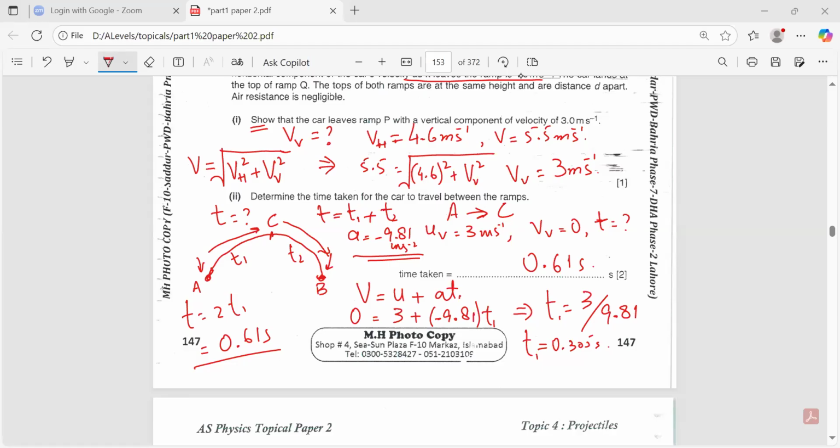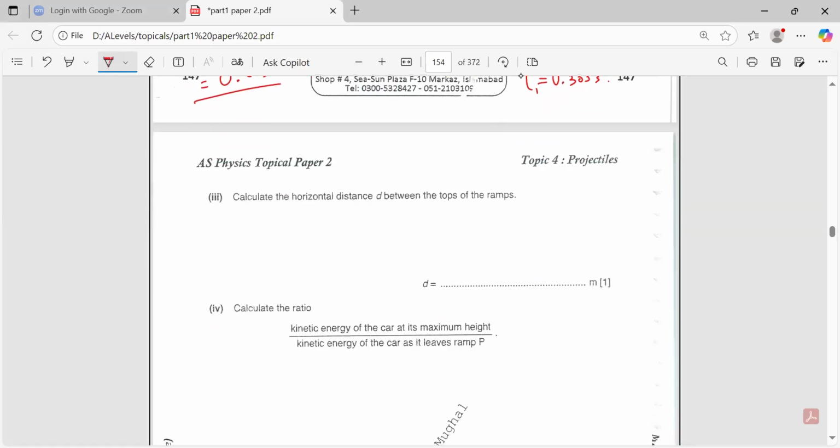Okay, moving onward to the next part, we need to calculate the horizontal distance. Again, the technique is what? To find the horizontal parameter, use the horizontal components. Horizontal distance is equal to horizontal velocity multiplied by time. We found the time in the previous part, and that time was 0.61.